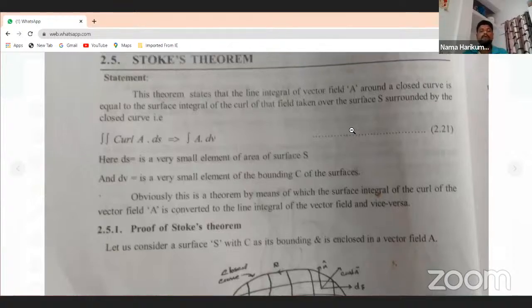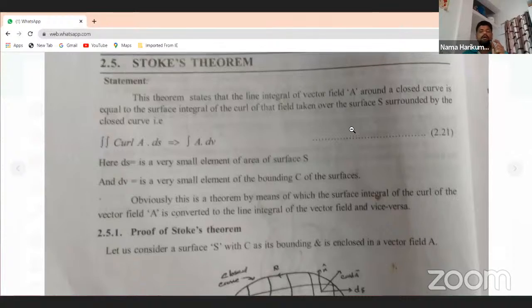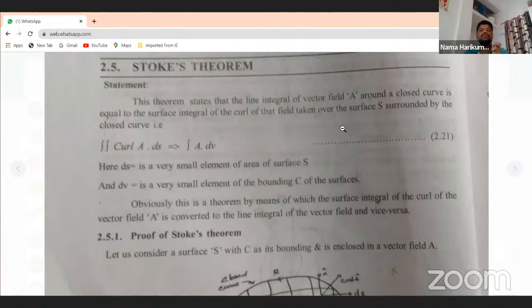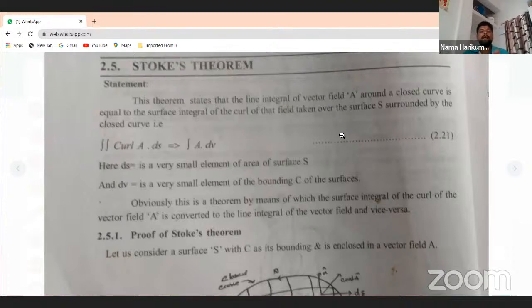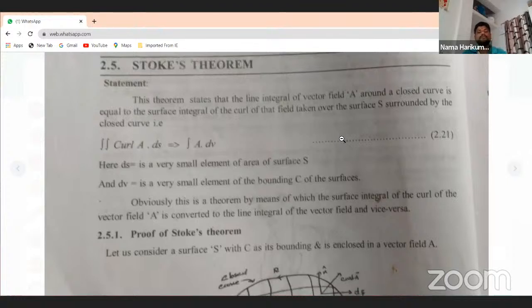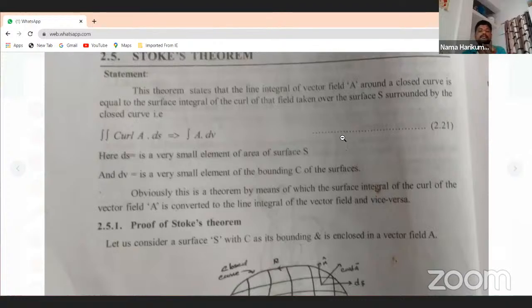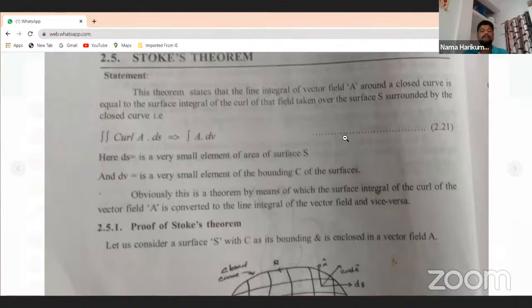So first of all, in the Stokes theorem, we have to change line to surface. So line to surface, we have to modify. Then you just put the curl value in our equation.